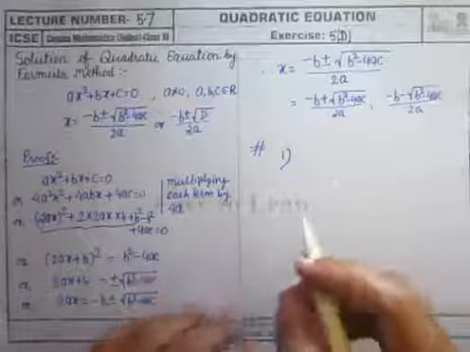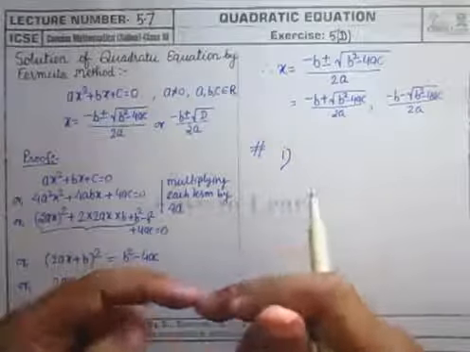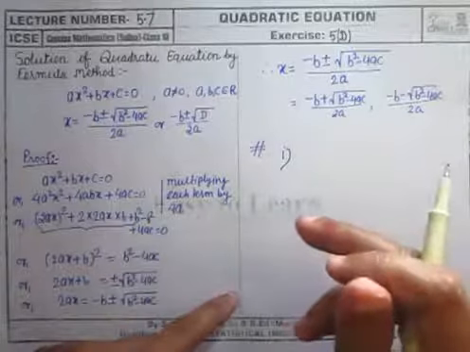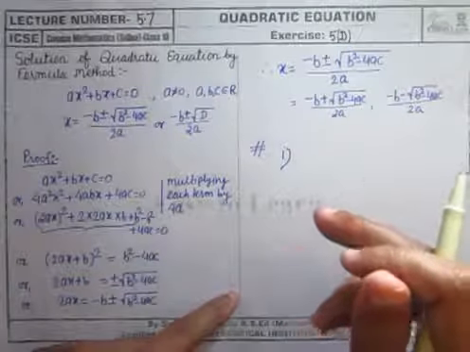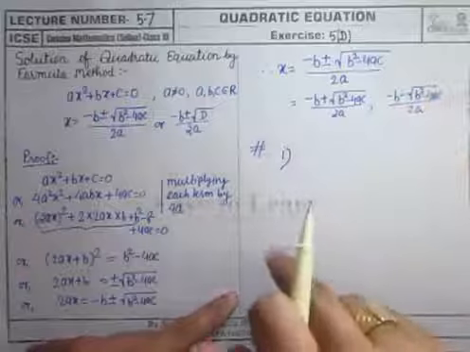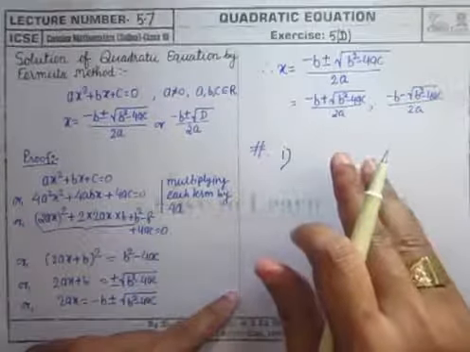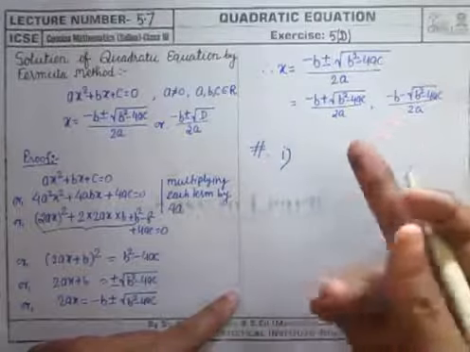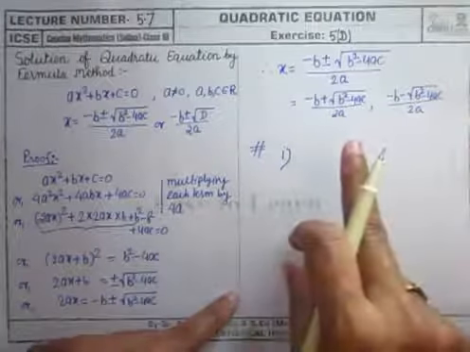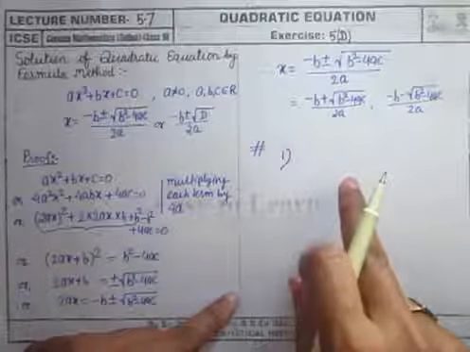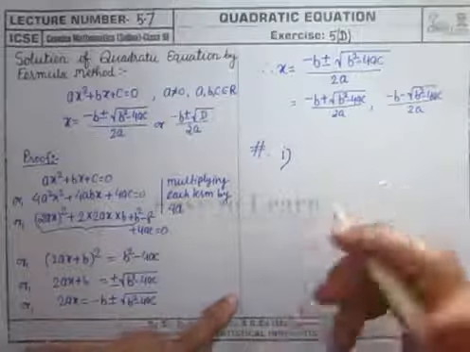So if it is asked to write the answer up to 1 decimal place, then first you write the value up to 2 decimal places and then round off to 1 decimal place. Similarly, if it is asked to write the answer up to 2 decimal places, then first you get the value up to 3 decimal places and then round it off to 2 decimal places.